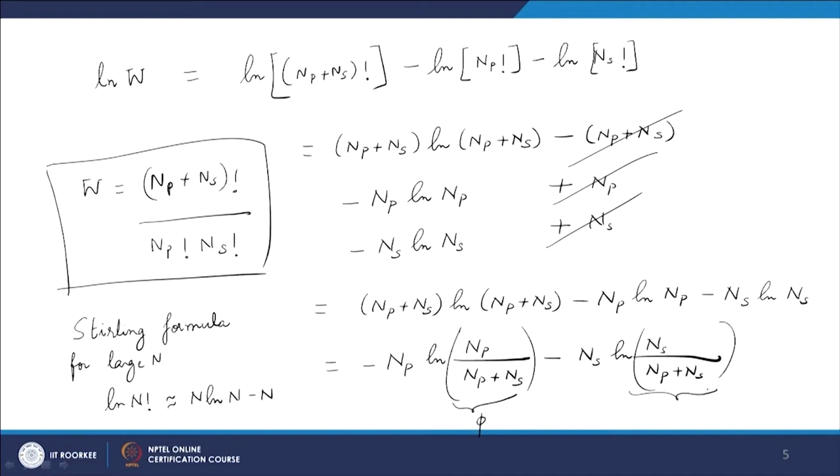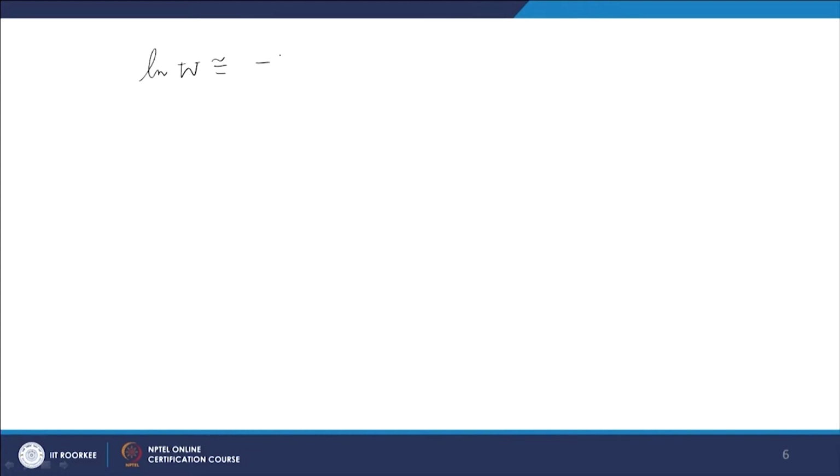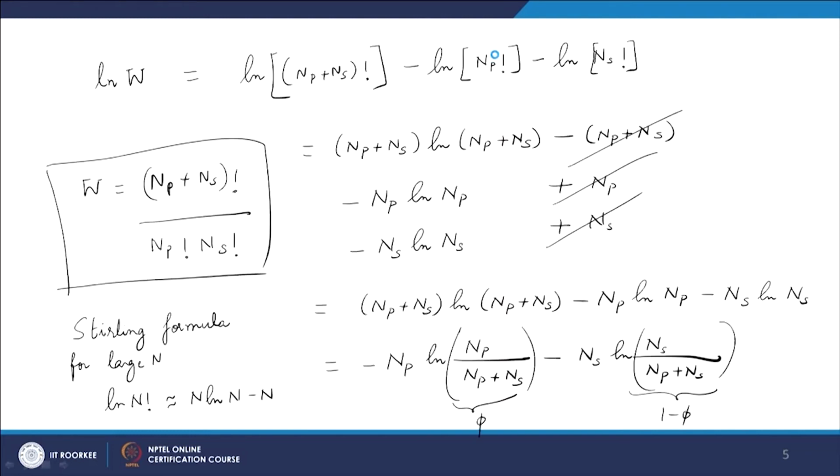So this has to be 1 minus phi, and so we get ln W is approximately equal to −Np ln phi − Ns ln(1 − phi). This is what we have derived from here.